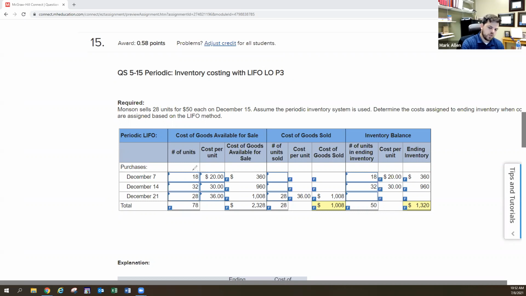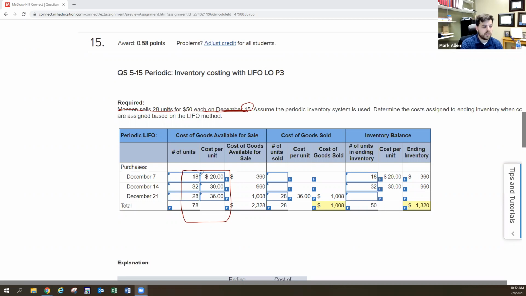So in this case, total units, all of this section here, notice exactly the same as before. But now, even though my sales happened earlier in the period, notice, we sold this on December the 15th. That's when the actual sale happened. But the units I'm selling are the units from the 21st. And that's because under periodic, I only update my records at the end of the period.